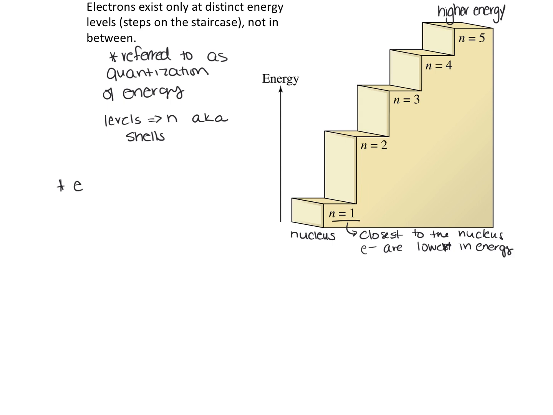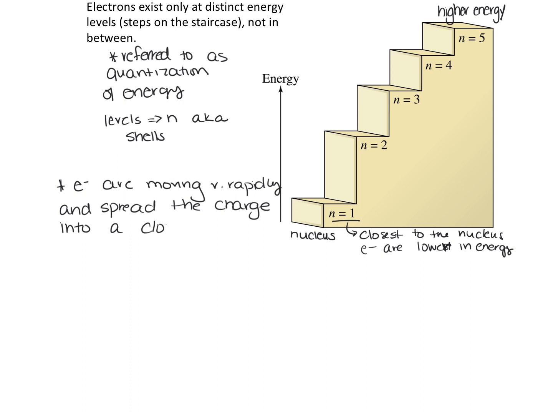What we do believe is that electrons are moving very rapidly and spread out the charge into a cloud, right? And so we now refer to the probability of finding an electron in a region of space, and that region of space is called an atomic orbital.